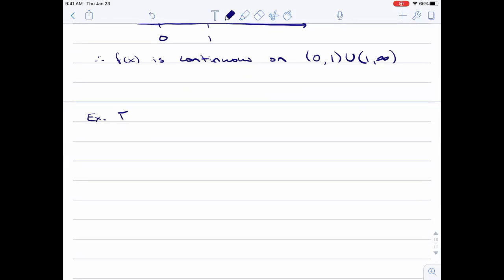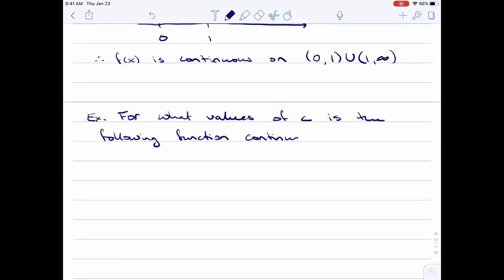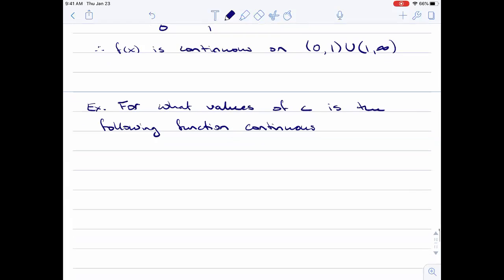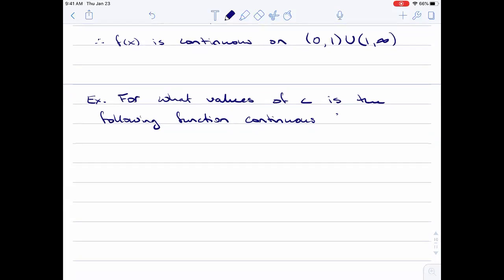So for what values of C is the following function continuous for all x.